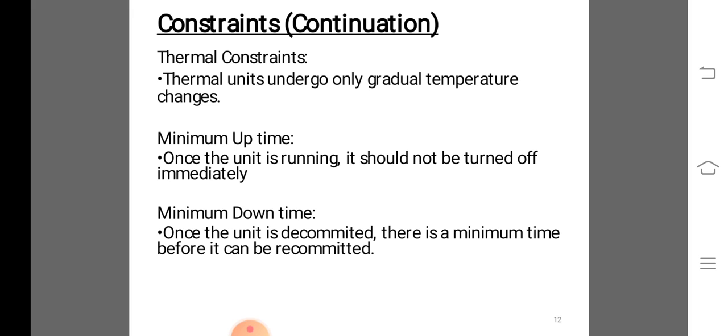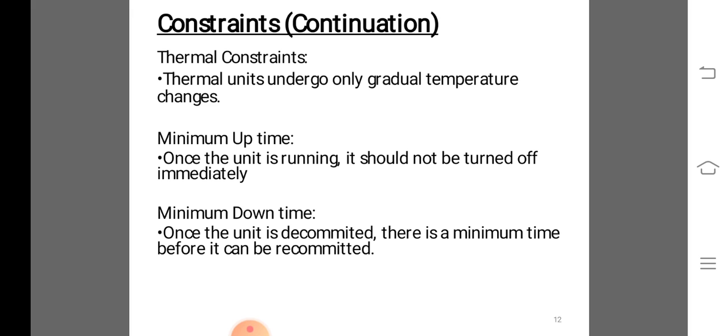Spinning reserve is the term used to describe the total amount of generation available from all units synchronized on the system, minus the present load and losses being supplied.